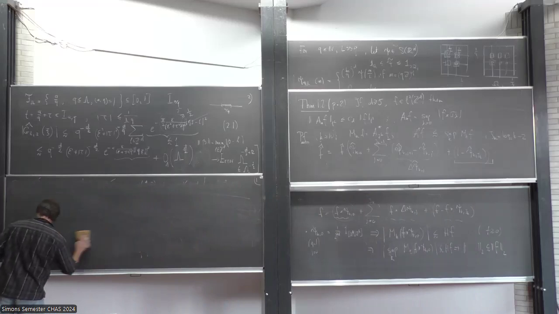Because now we can use the lemma, because if I consider the maximal function, this is the maximum taken over radius roughly 2 to the k. But now I apply it to the last piece.